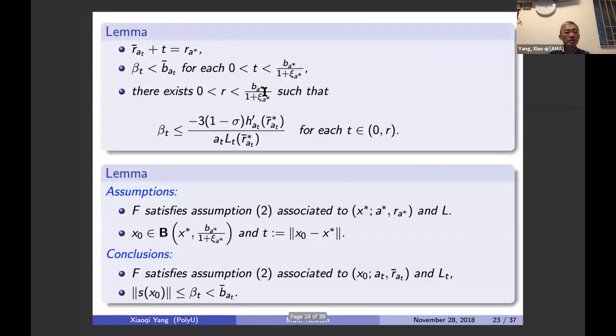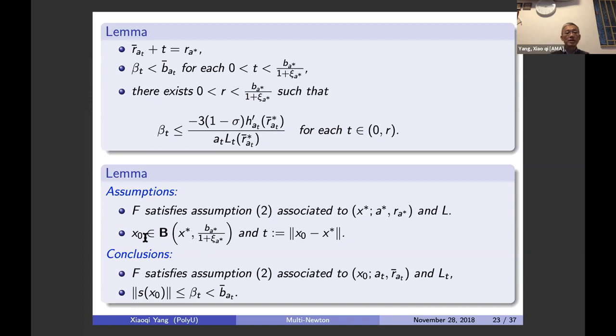What is the local convergence result? Within a given Pareto optimal point, we have an exact estimation of the radius, BA star over 1 plus psi A star. This is a quantity we can estimate from the information of the L average function.